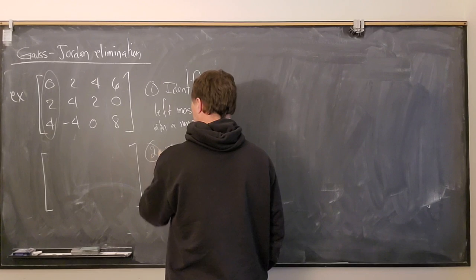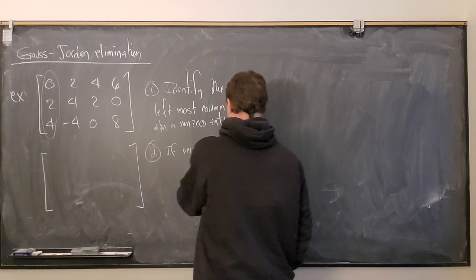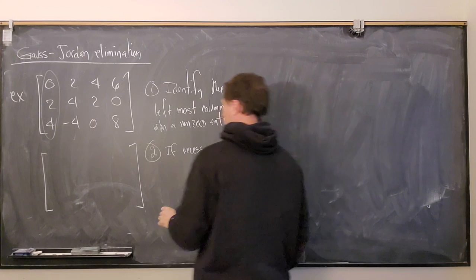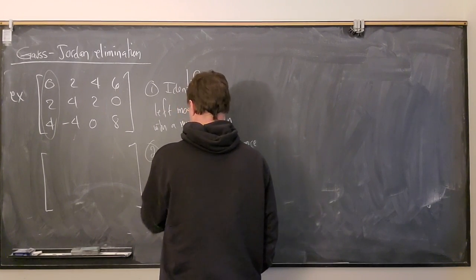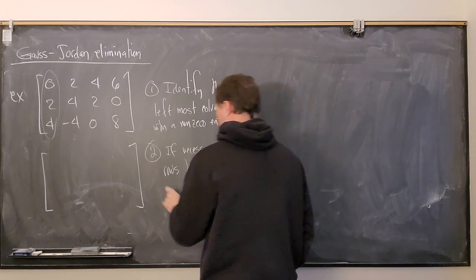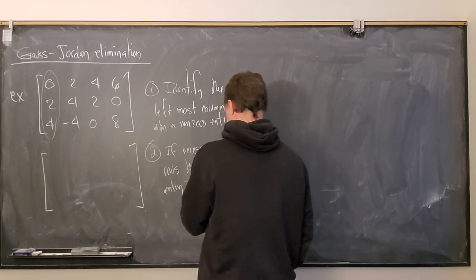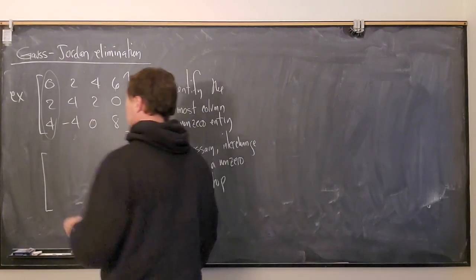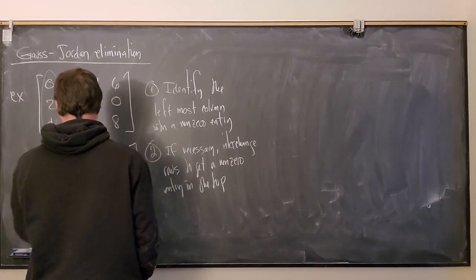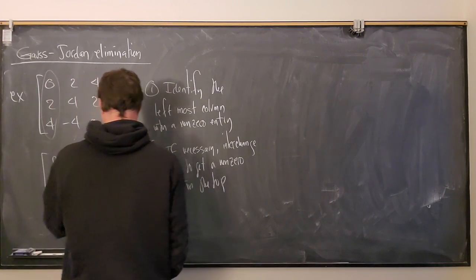So, if necessary, interchange rows to get a non-zero entry in the top. If I do that, what I'll have is 2, 4, 2, 0, 0, 2, 4, 6, 4, minus 4, 0, 8.